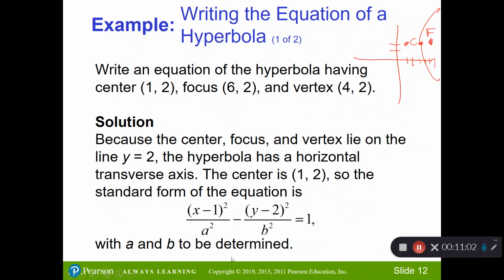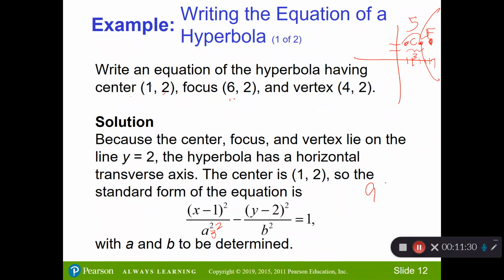Well, notice that the distance from the center to the vertex is 3 units. So this is a 3. That's my a value. So this has got to be 3 squared here. Now, notice also that the distance from the center to the focus is 5 units. 6 minus 1.